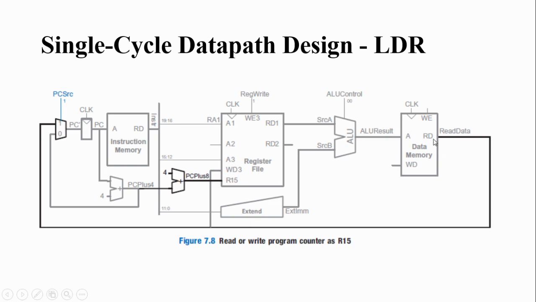So you can calculate the address and give it to the program counter, or you can increment the program counter by 4 and give it to the program counter. By using PC source, you are selecting whether the address generated from the operation has to be fed to the PC, or PC+4 has to be fed to the PC. So this is how the LDR operation works.